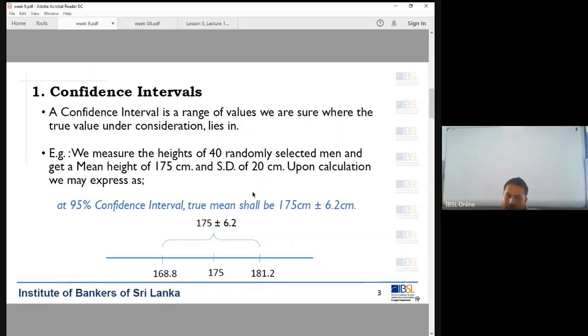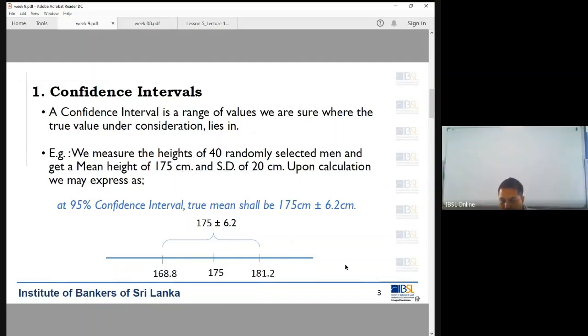Rather than just saying the mean is 175 centimeters, with the usage of the confidence interval theory, you can say at 95% confidence, we have just taken 40 randomly selected men, isn't that so? There may be thousands and thousands of men in this true population. So the true mean shall be 175 centimeters plus or minus 6.2 centimeters.